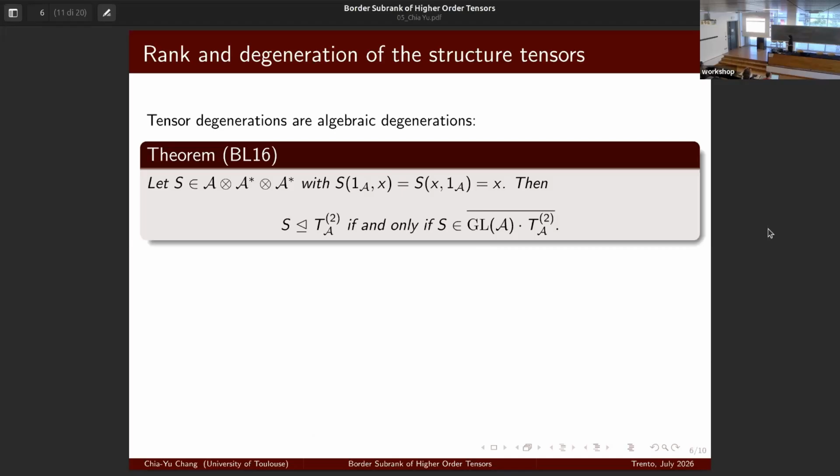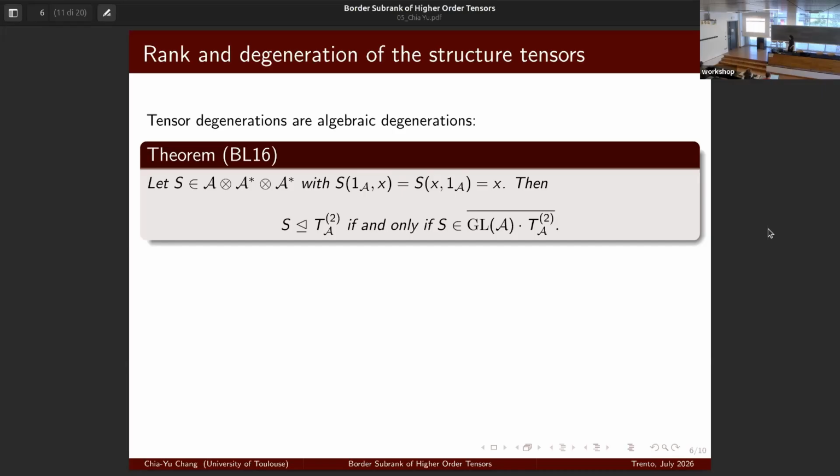Okay, and now I want to talk about some past results about structure tensors. In 2016, Bläser and Lysikov proved that tensor degenerations are algebraic degenerations.